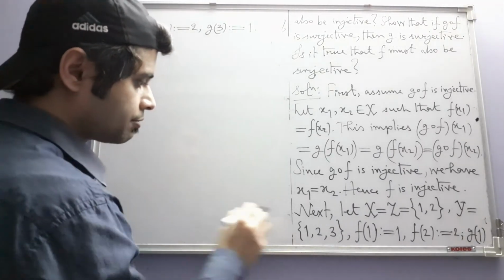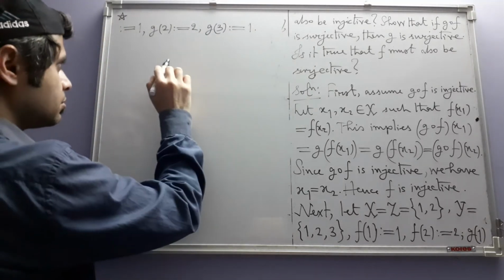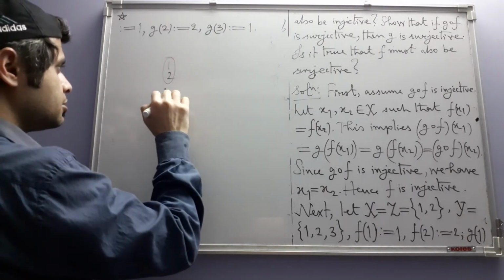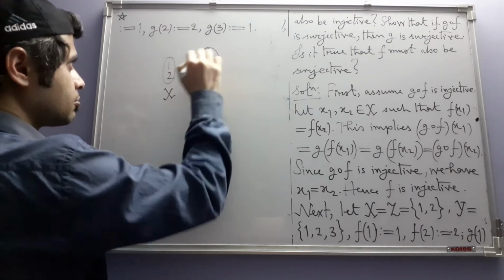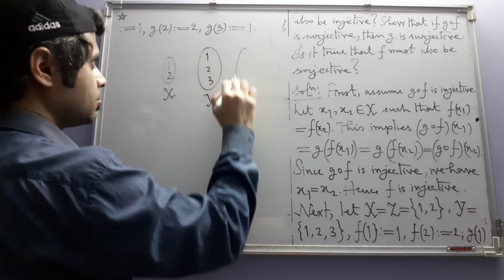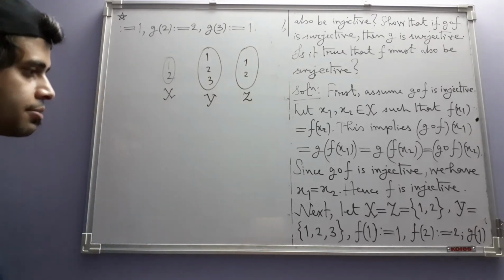Let us do that for these functions here. So we have 3 sets, right? This is our X, this is our Y, and Z is the same as X.